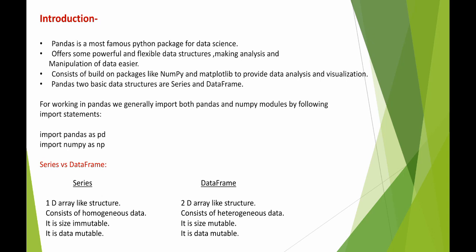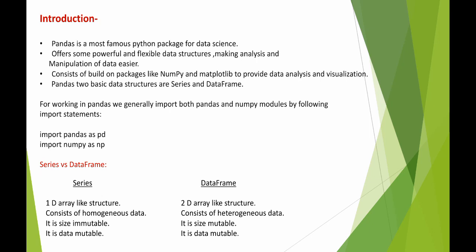Now series is size immutable. Size immutable means once we have created a series, it follows the array type of activities. Like in arrays, we know that either we override the existing array or we create a new one. In a similar way, with series either we override the existing series or create a newer one.